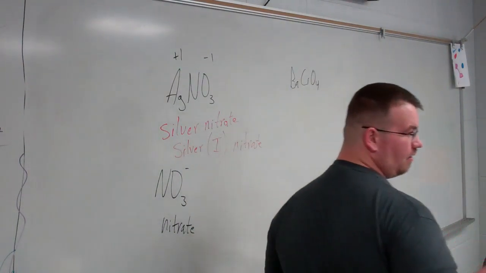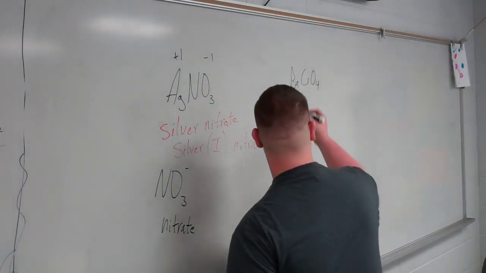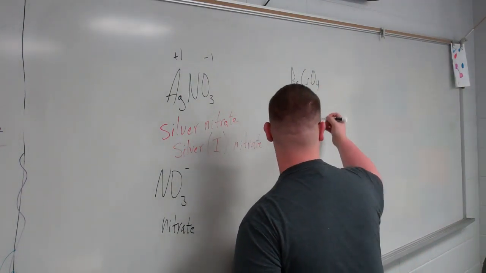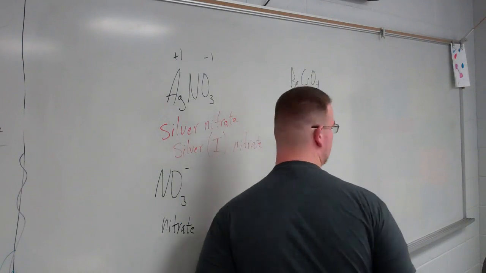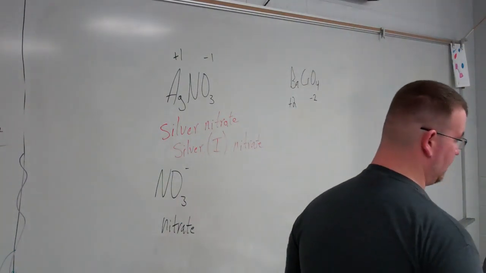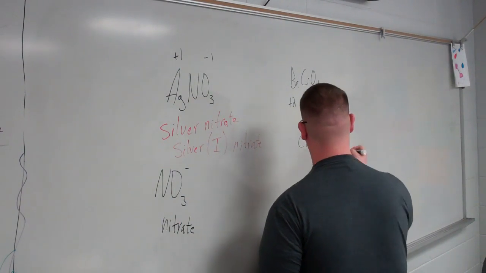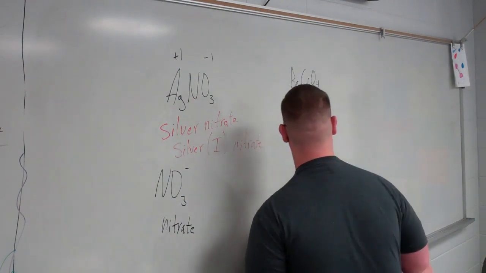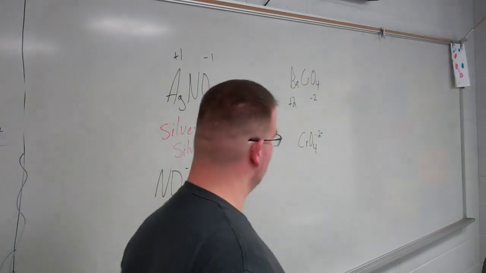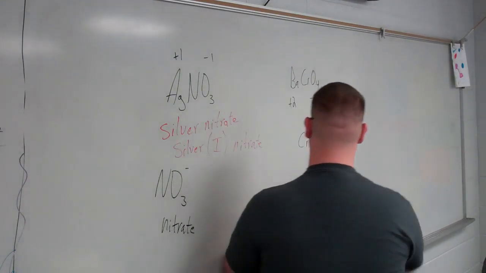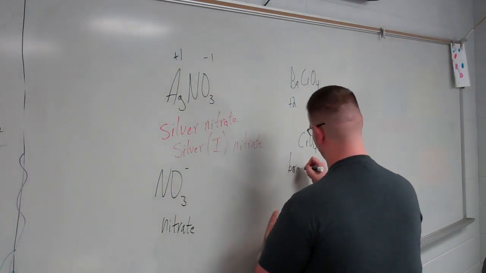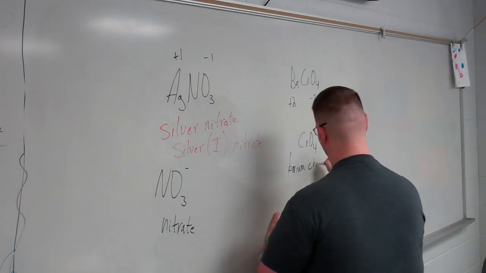It's in the second column. +2. What's chromate's charge? -2. So in that case, barium chromate.